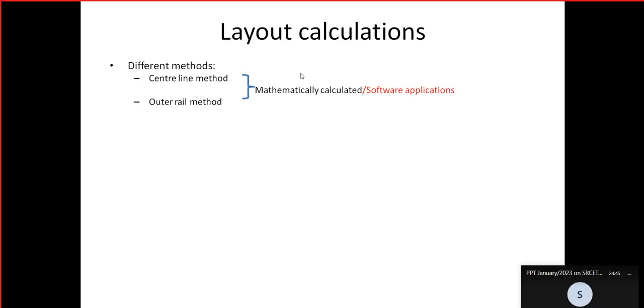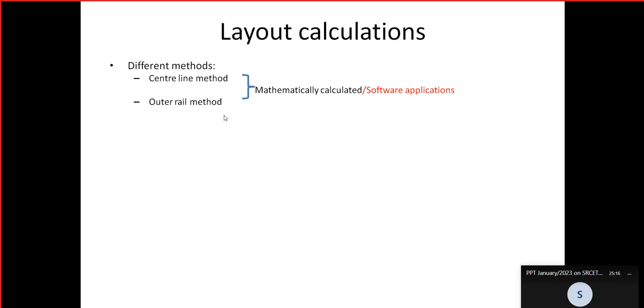Following this procedure, some software applications are available, made by various people for finding out the overall length and all measurements we need for fixing the layout geometry. My own application is also available on my website, V.Thiagarajan.com. I made some models for these software applications.